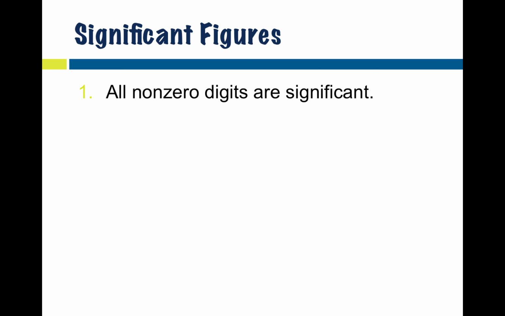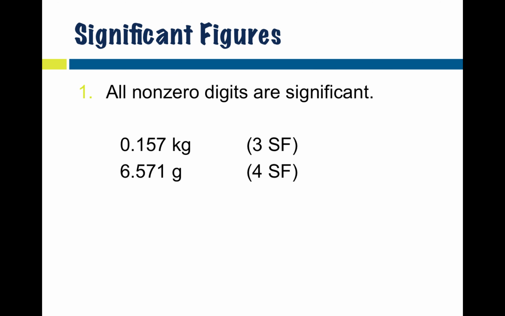Number 1, all non-zero digits are significant. 0.157 kilograms, all non-zero digits, all significant, 3 sig figs. 6.571 grams, all non-zero digits, all significant, 4 sig figs. 16.5 milliliters, all non-zero digits, all significant, 3 sig figs.